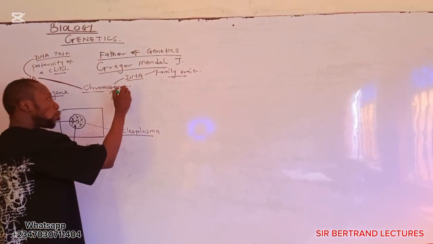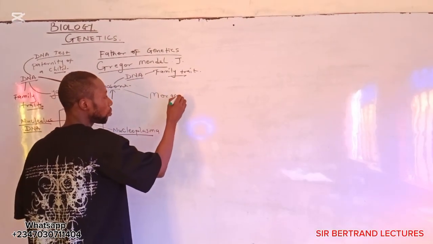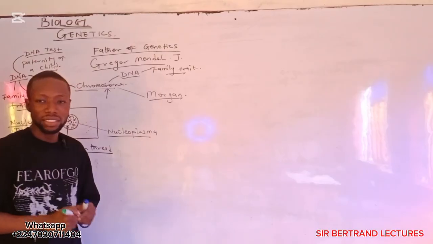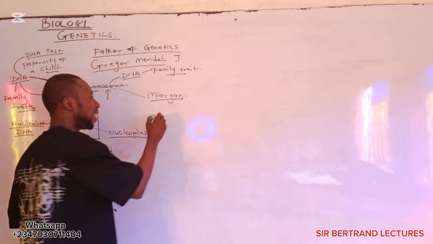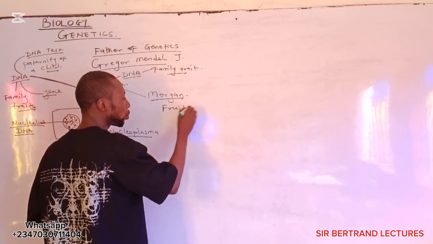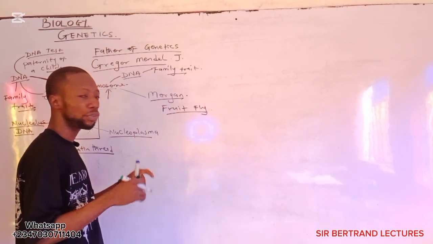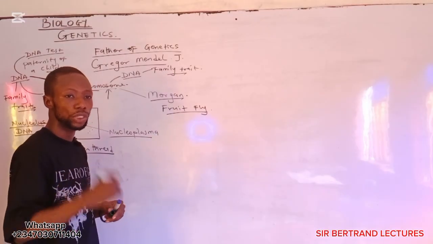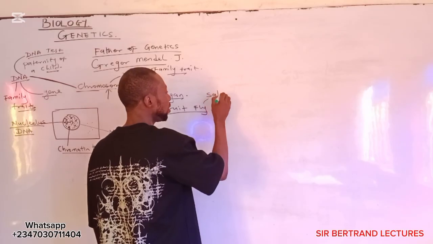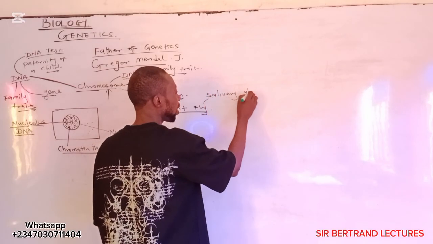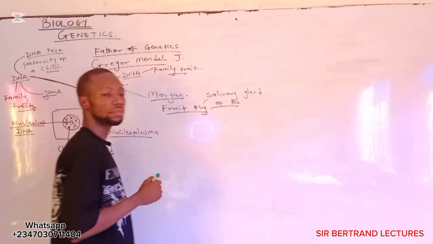Now, the structure of the chromosome was discovered by a man called Morgan. Morgan discovered the structure of the chromosome, all right, using a fly known as the fruit fly. Now, what structure of the fruit fly did Morgan use to discover the structure of the chromosome? He used the salivary gland of the fruit fly.